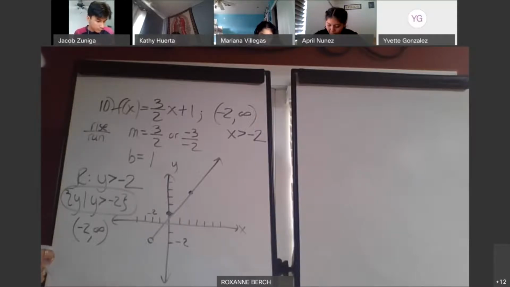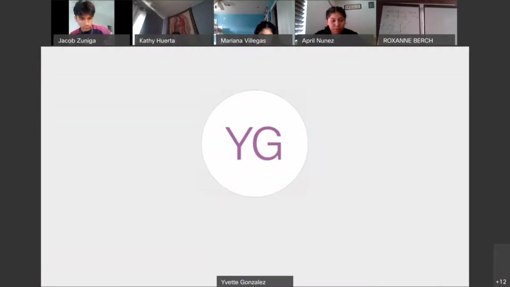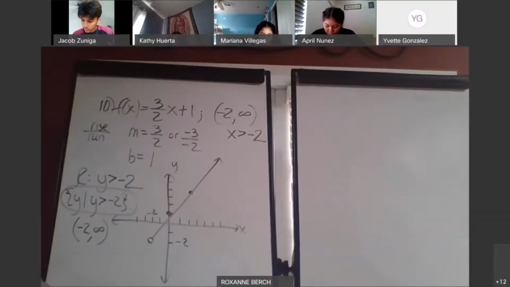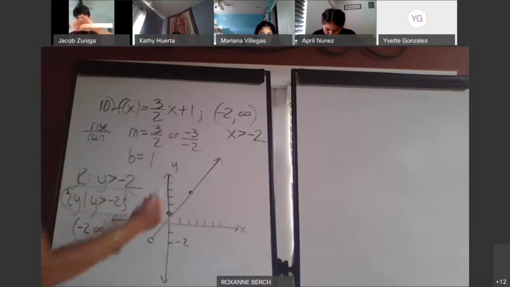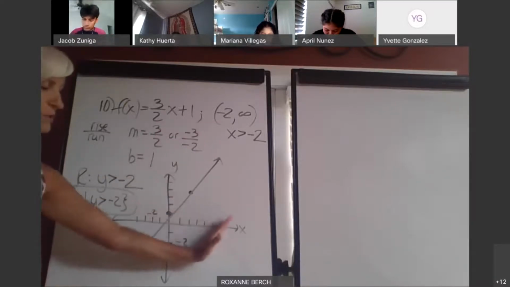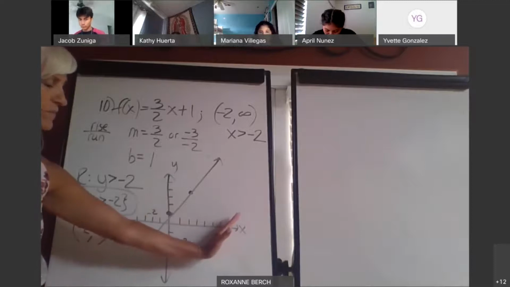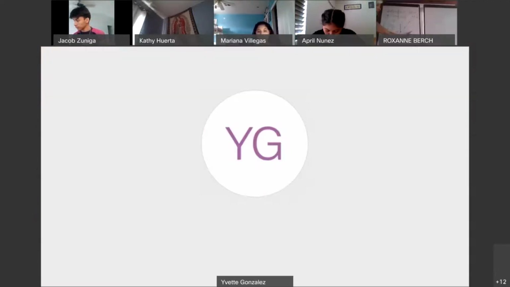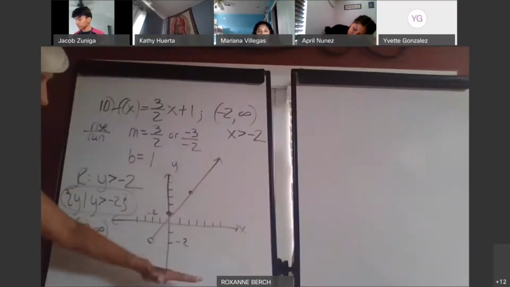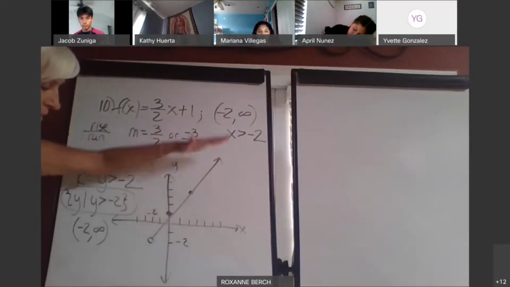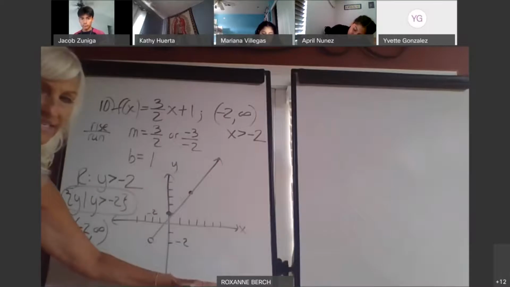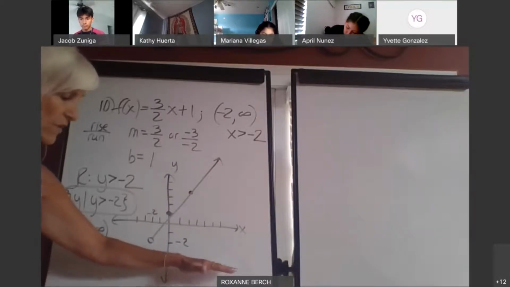Can you explain the range a bit more? I get the graph and I get the domain, but I'm confused on the range. Okay. Do you get the domain, that it only exists to the right of -2? Yes. Okay, when you talk about the range, you're talking about where does the graph exist up and down.